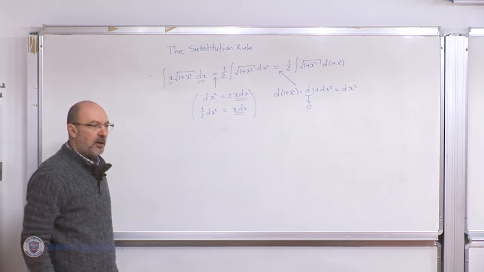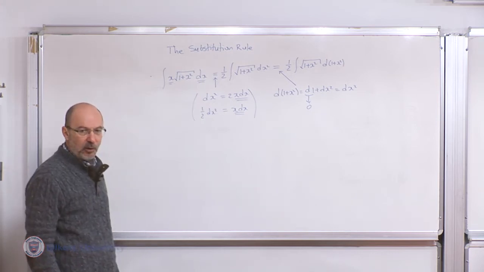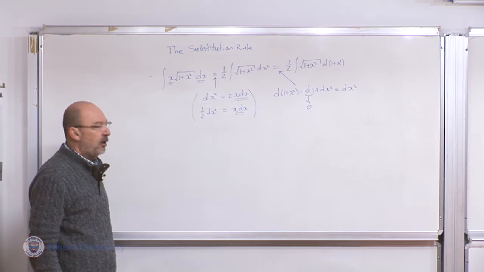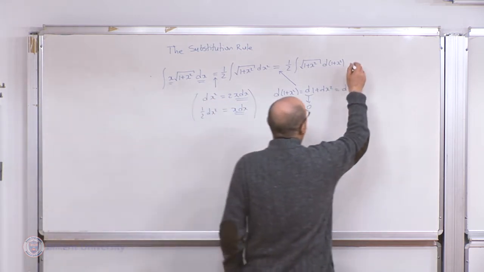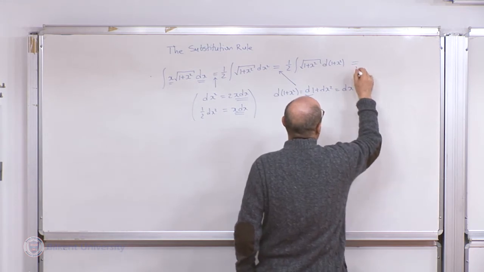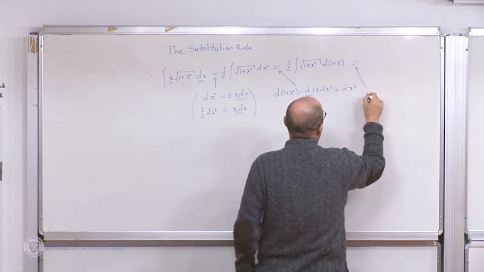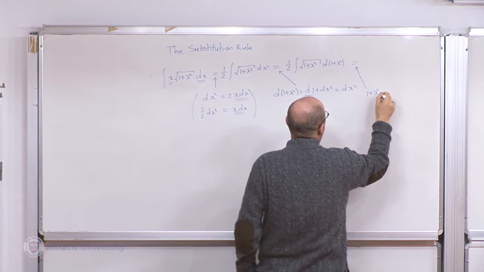Okay, so I treat 1 plus x squared as a block. Since I'm treating it as a block, I give a name to that block. So let us say at this point, I consider this thing as u.